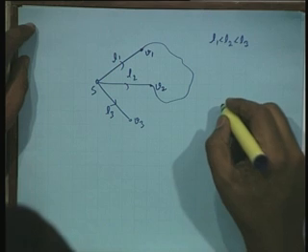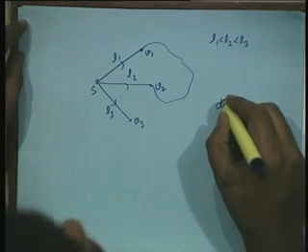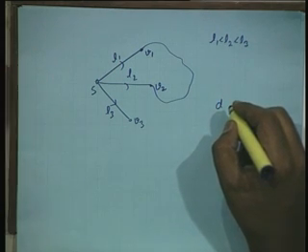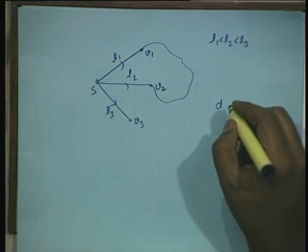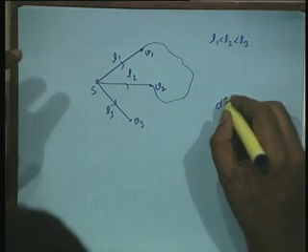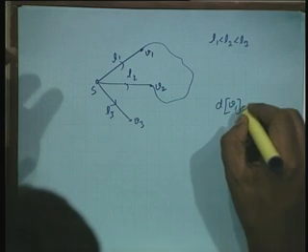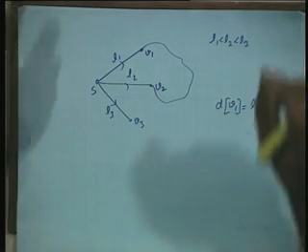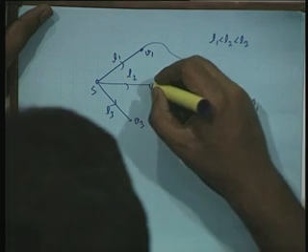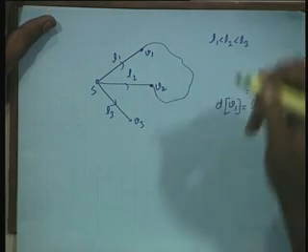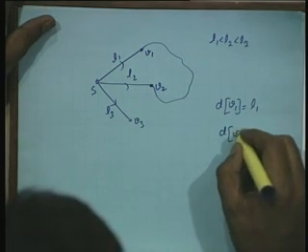Okay? So, just by looking at this I can say that, I am going to use D to denote distance, right. So, the distance of vertex V1 I know is L1. What can I say about the distance of vertex V2? D of V2, what can I say about that?